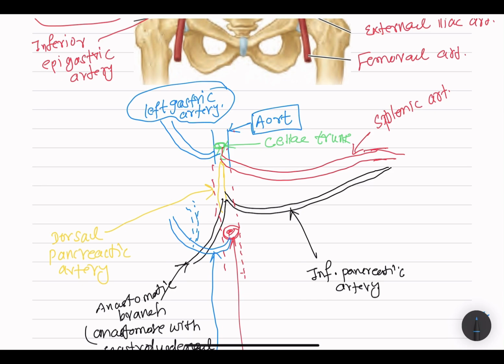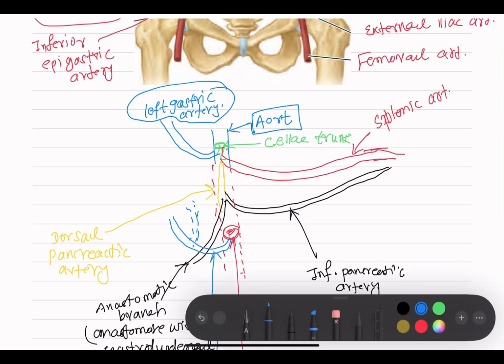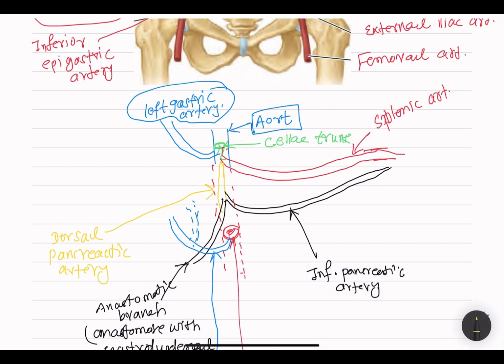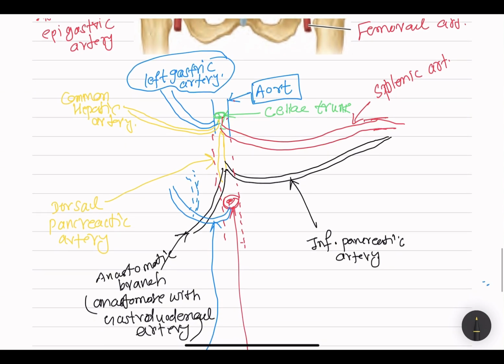And here again, the other artery coming from the celiac trunk is the common hepatic artery, which supplies our liver. I will discuss in detail when I discuss the anatomy of liver.